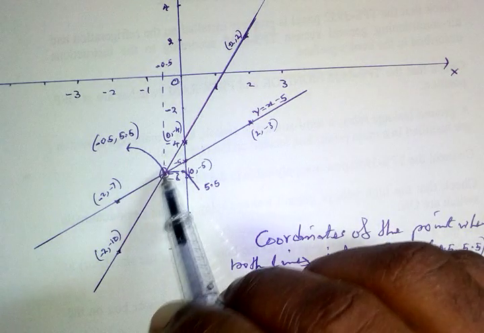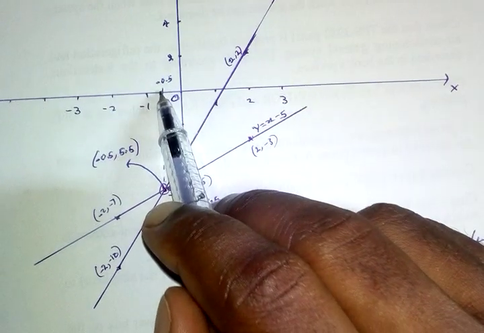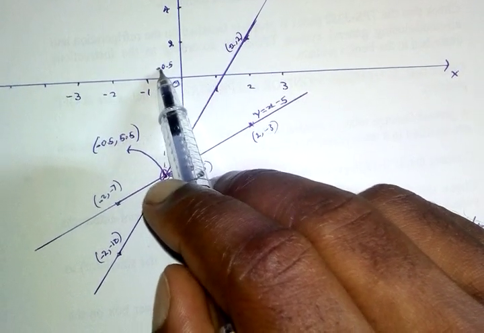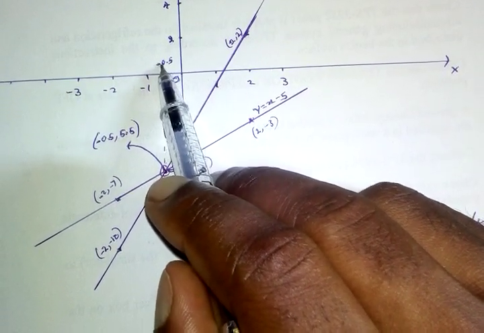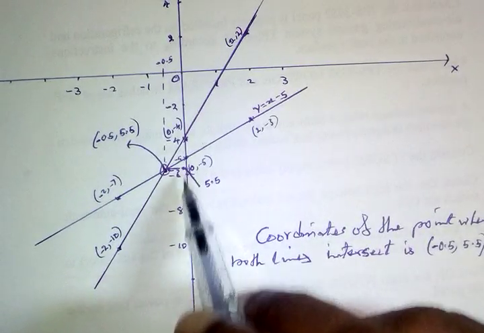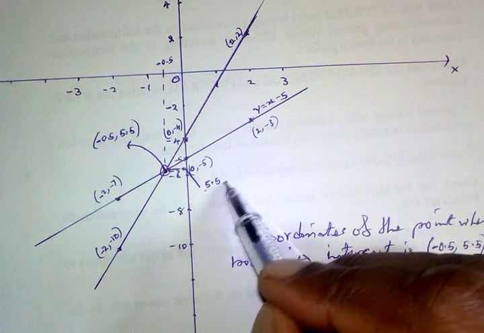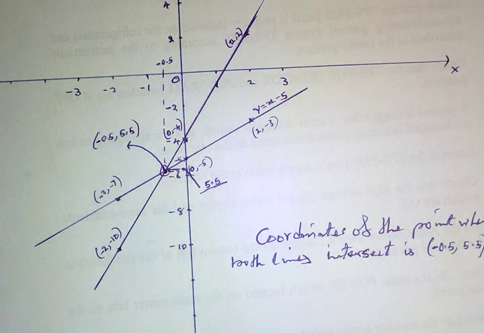So in your graph book, you just trace this point to the x-axis. You get the value just as I did to be minus 0.5, and you trace this also to the y-axis to get the value just as I did, which is 5.5.